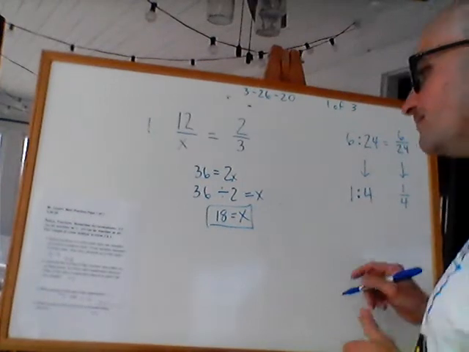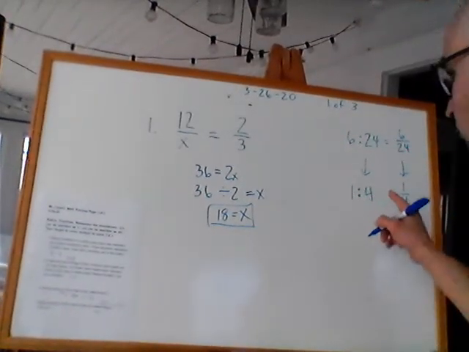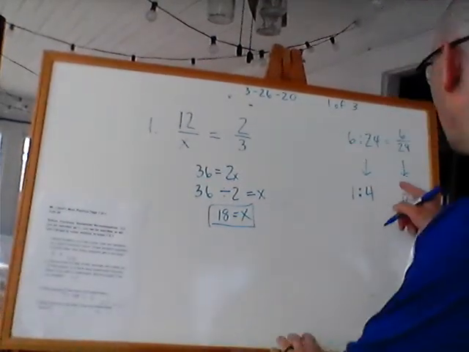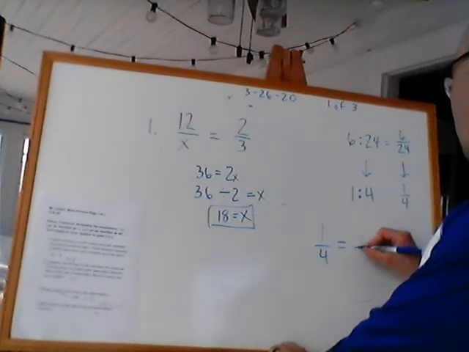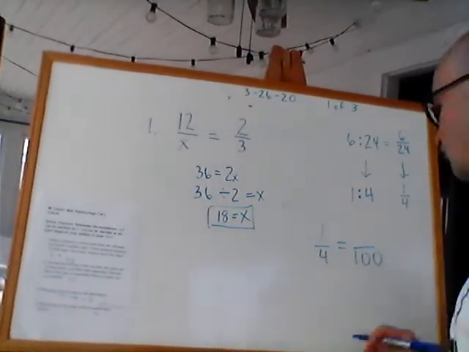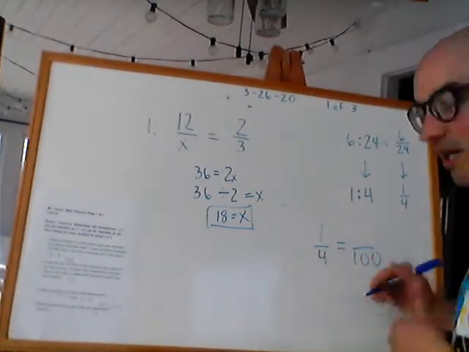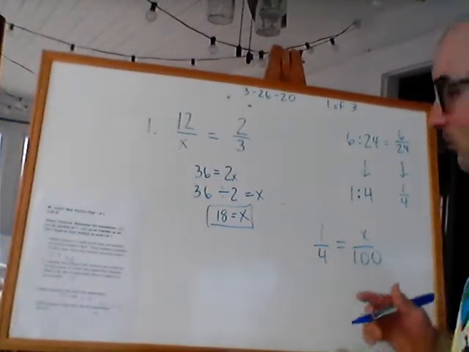That's number 2. Number 3, we're going to take the same strategy, and it's asking what percent of the total is the watermelon. So I have 1/4, and we're going to set this up. Remember, percent is per 100. And since it's asking me what percent, the unknown goes on top. So x goes on top, and now we just cross multiply.